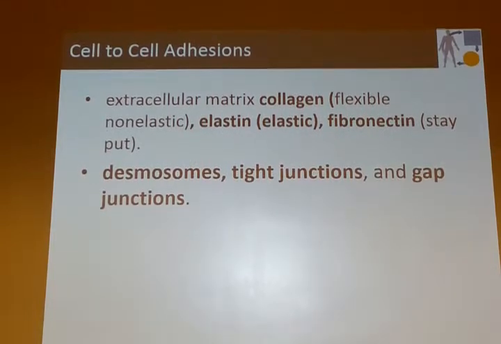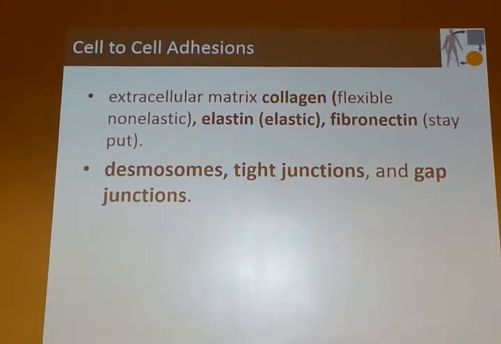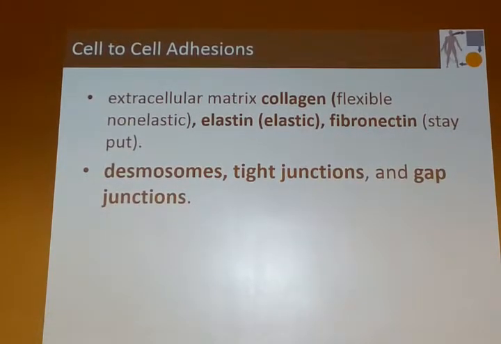You can't have an epithelial tissue if it comes away from its basal lamina. So fibronectin will be in the basal lamina to help keep the cells put. Stay put, that's what fibronectin tells the cell. Stay where you're supposed to be, don't be moving elsewhere. Elastin allows for stretchability. Collagen, flexible but not stretchable.